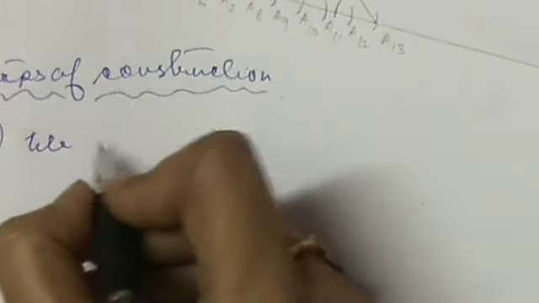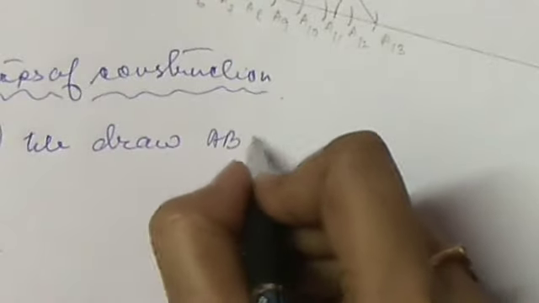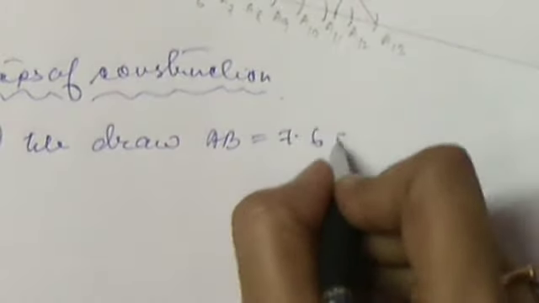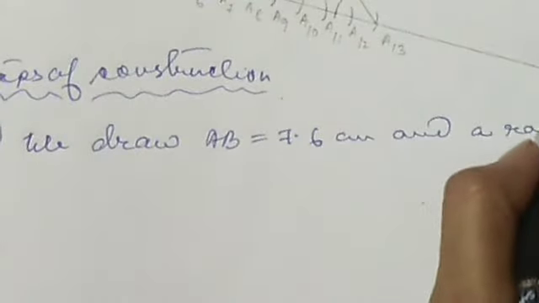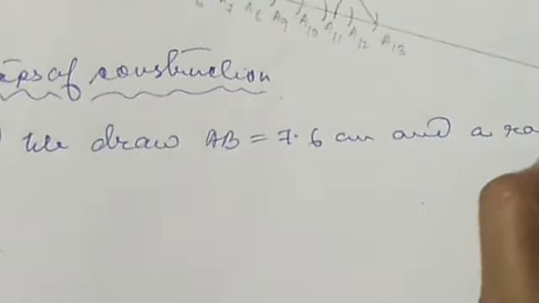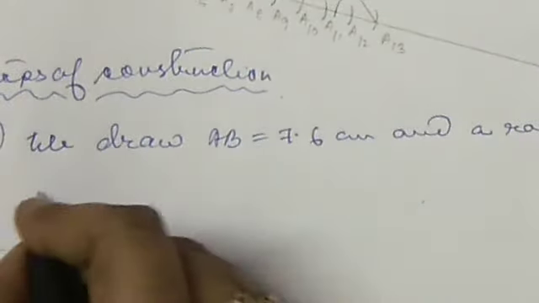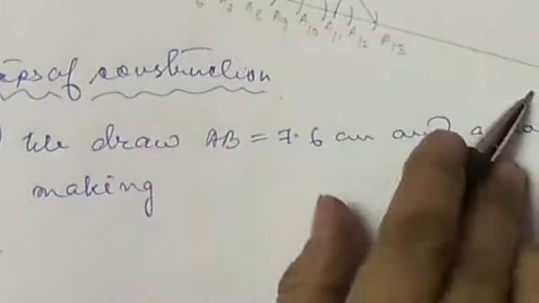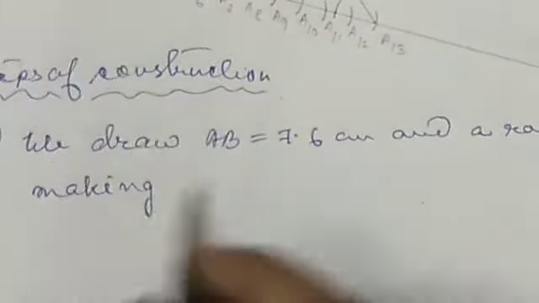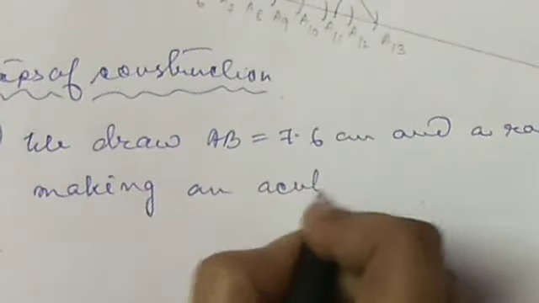We draw AB equal to 7.6 centimeter and a ray AX making an angle, making an acute angle.